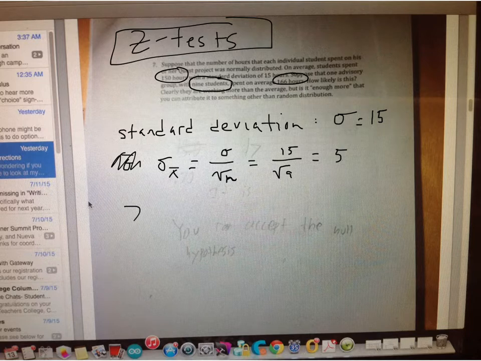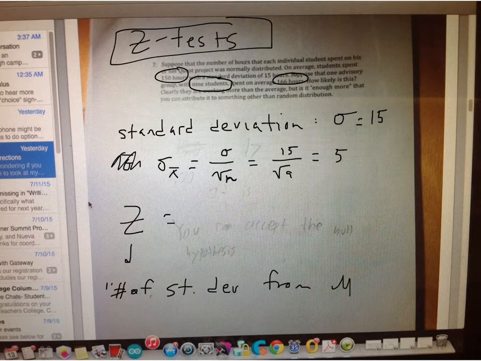And so my z value, which looks at how many standard deviations away, number of standard deviations from the mean, well, we're just going to normalize it.